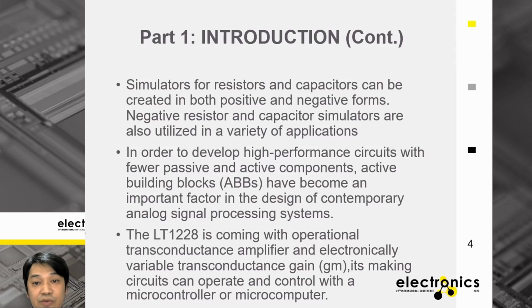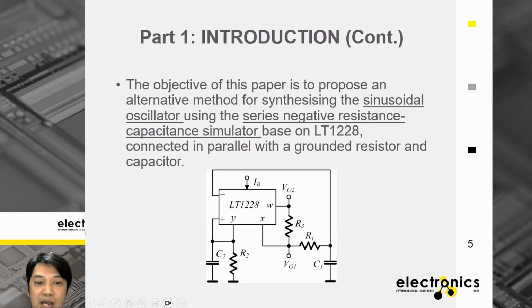Its circuits can be operated and controlled with a microcontroller or microcomputer. The objective of this paper is to propose an alternative method for synthesizing the sinusoidal oscillator using series negative resistance and capacitance simulators, connected in parallel with the grounded resistor and capacitor, with impedance controlled electronically and the output gain amplified without requiring any external amplifier circuits.